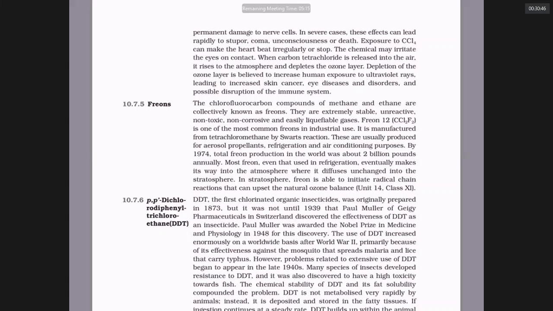Freon 1 2 1, the first digit indicates the number of carbons is 2. Always remember, in the nomenclature of freons, the first number I am putting is the number of carbons minus 1. Here, freon 1 2, the first number is 0. 0 means there is 1 carbon.